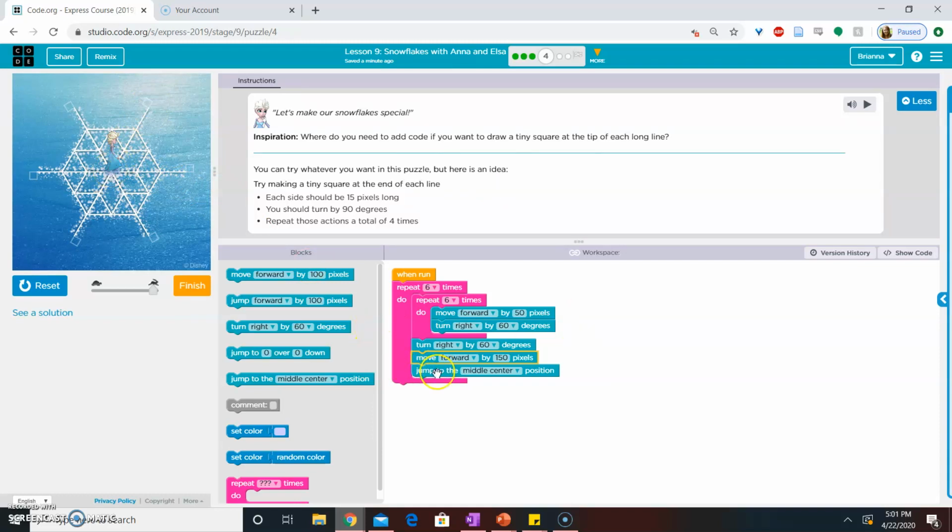Before it jumps back to the middle, so before this block, we probably are going to want it to do this square situation up here. So let's try that. Let's try exactly what it says. Move forward by 15 and turn by 90 degrees. So, see if it wants to let me.